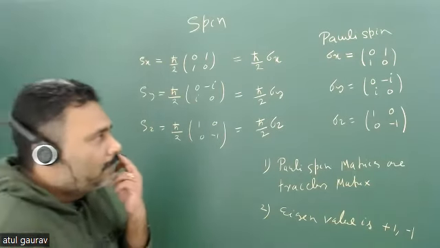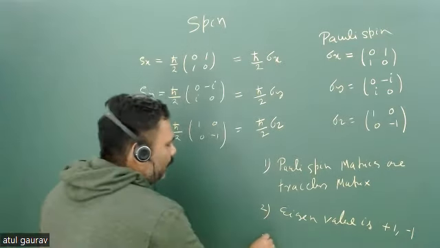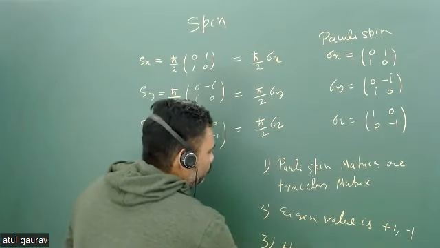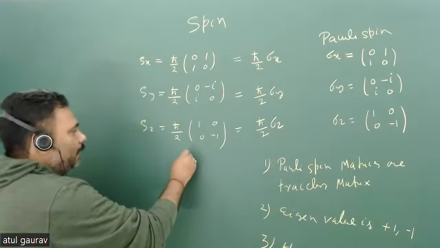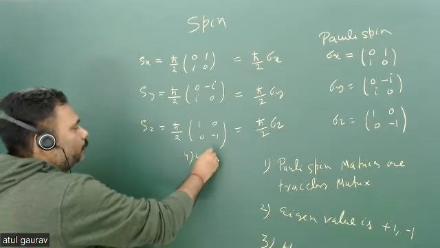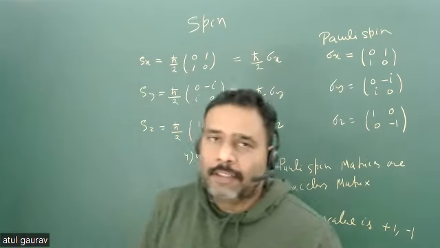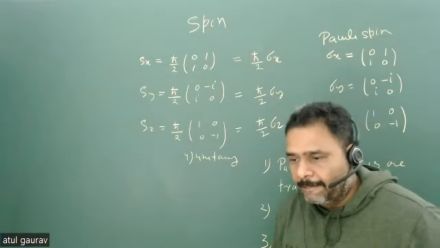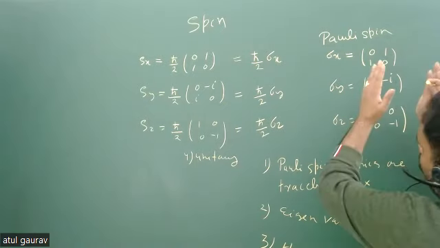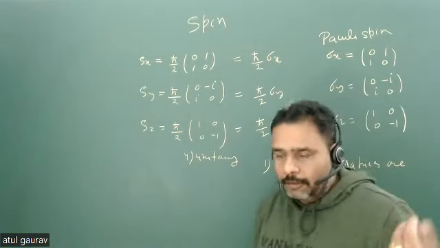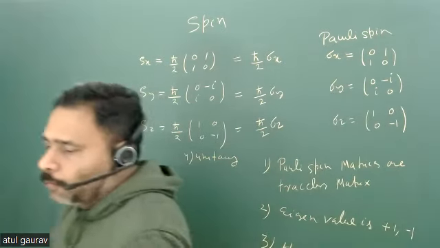Third, they are all Hermitian matrices, and they are also unitary in nature. What is a unitary matrix? If you find the inverse of sigma, you will get sigma, isn't it? So you have a unitary matrix and the eigenvalue is plus minus 1. If you find the determinant, that is also 1. Determinant means magnitude, so that value is also 1.